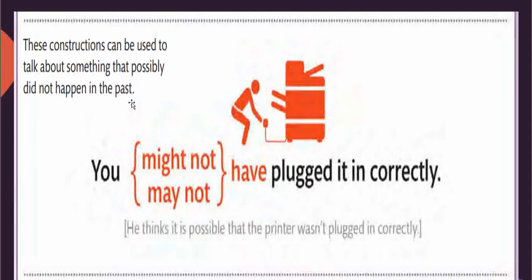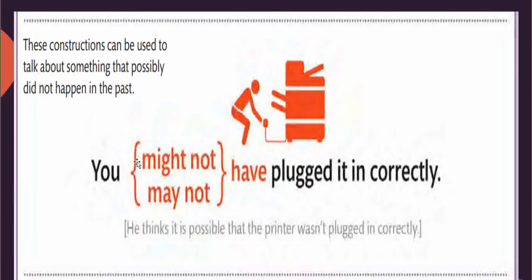Now, these constructions can be used to talk about something that possibly did not happen in the past. That means in negative connotation, or not a possibility. You might not have plugged it in correctly. Might not have is a negative connotation.